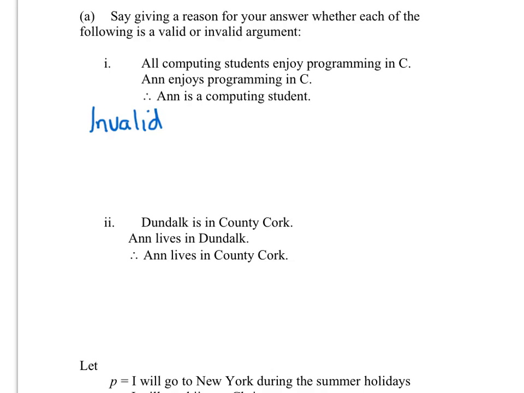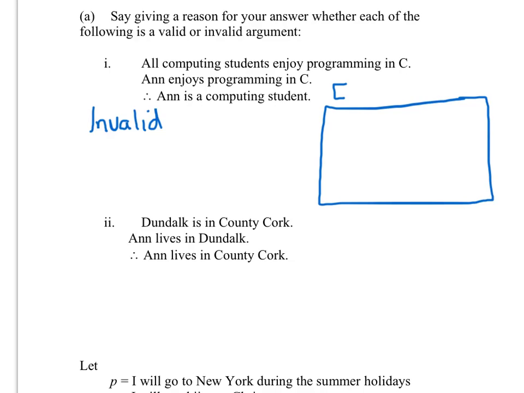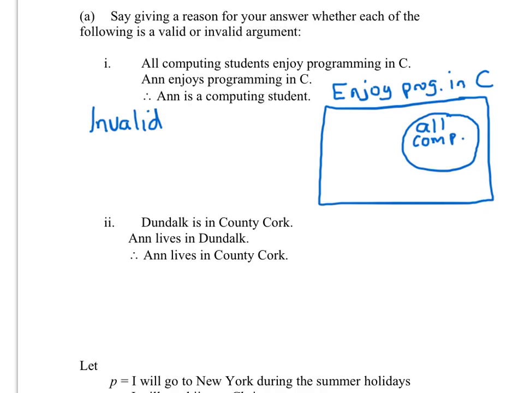So why? Let's consider a little diagrammatic representation of this problem. Here we have a box, and this box represents all the people who enjoy programming in C. Now, the first statement says that all computing students enjoy programming in C. So we have a little circle here that represents all computing students.